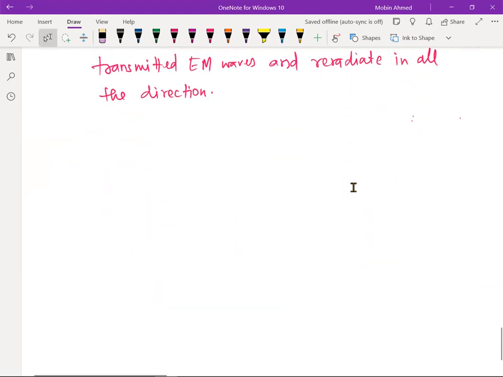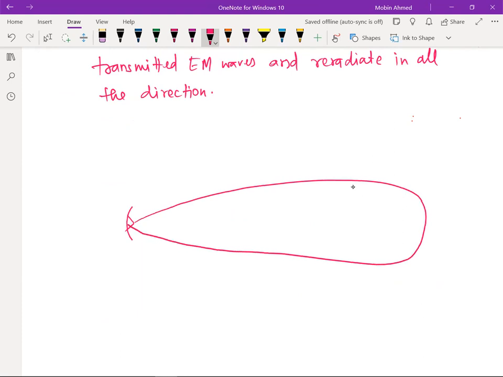Antenna is being used, so we are going to have a small power and it can be concentrated. Okay, so suppose we are having the antenna here. It is going to transmit in this area only.